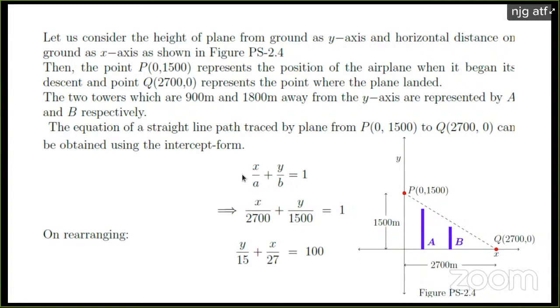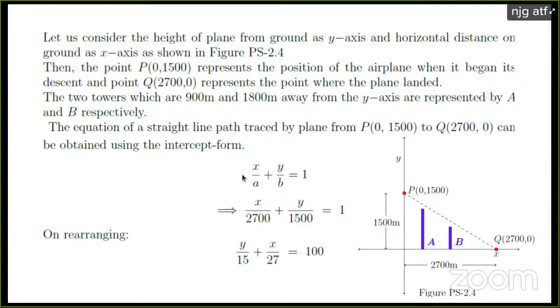So what I do is, we choose the origin exactly right below the point P, which you have seen in the diagram. Wherever the flight starts descending to the ground, right below that point I will choose my origin as 0 comma 0. Now that point P becomes 0 comma 1500, right?